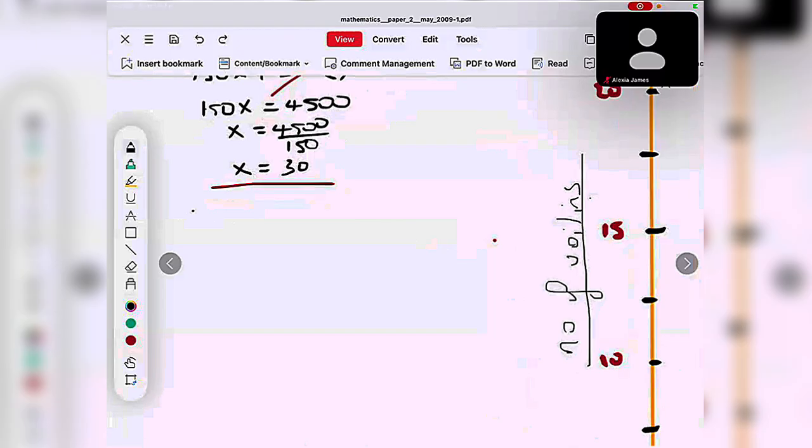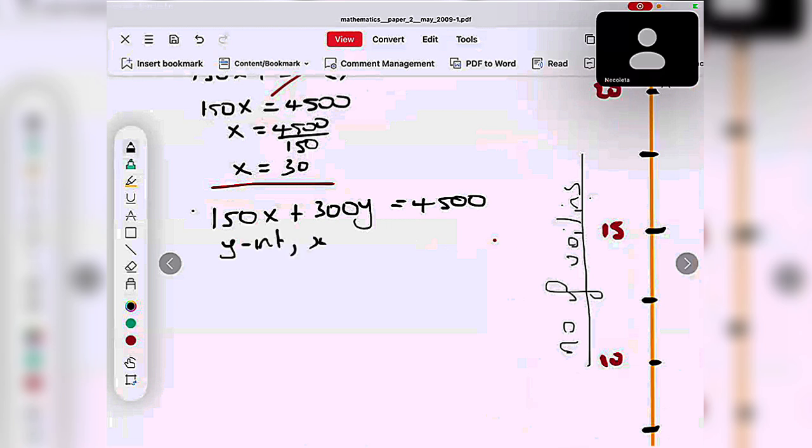You're a smart kid. All right, so we have 150x plus 300y is equal to 4,500. Now, gentlemen, we want to find the y-intercept. What happens? x equals 0.